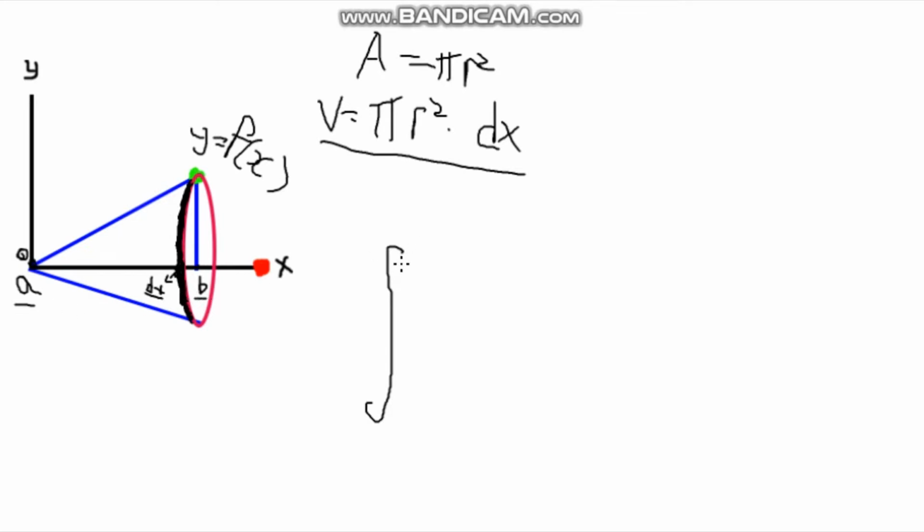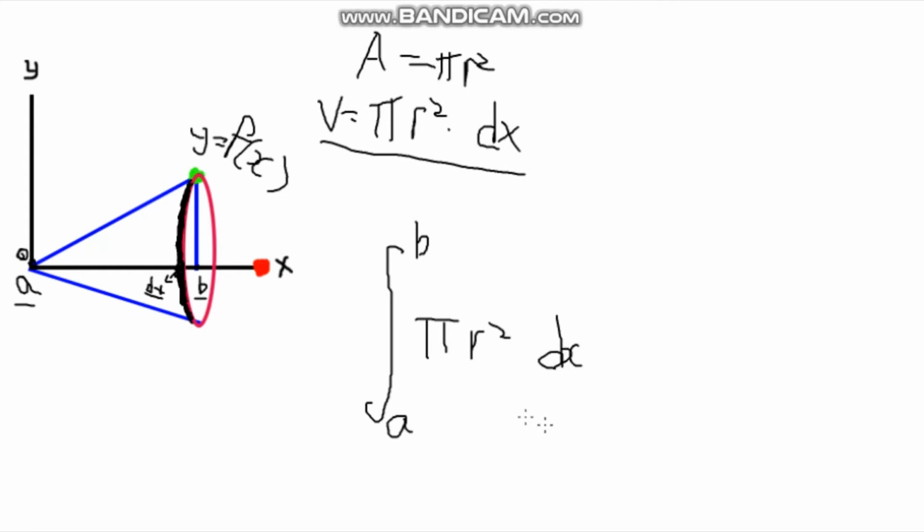So we put b here and a here as the two limits, and what the integral does is take the volume of each and every disk in those two limits and add them together. So the volume of the first disk is, we know, pi r squared times dx.